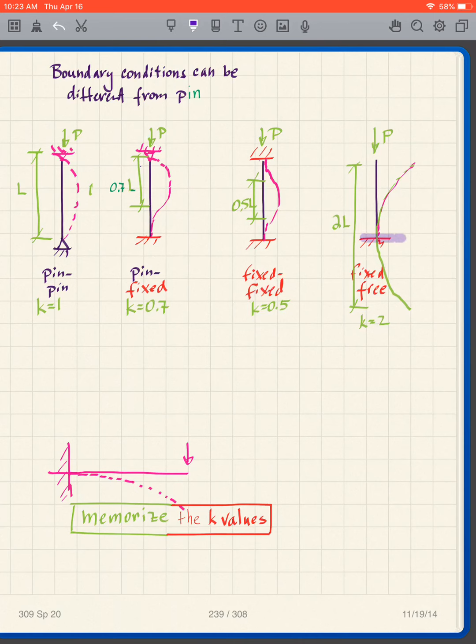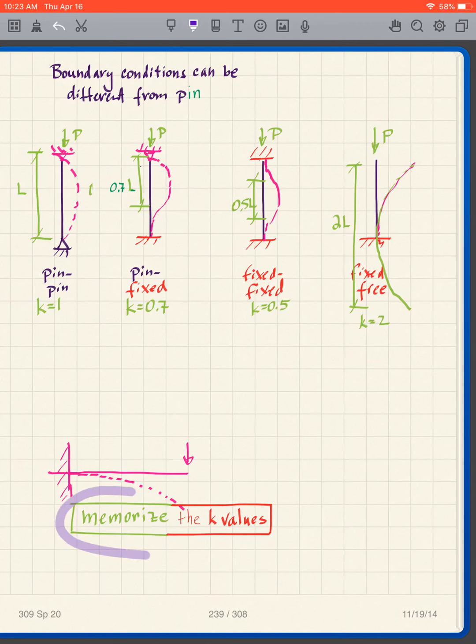We have a flagpole sitting here and we load it vertically. What happens to that flagpole if we overload it? It just drifts like that. So we would see the sine curve over this huge distance, and that would be 2L. That gives us a K equals 2.